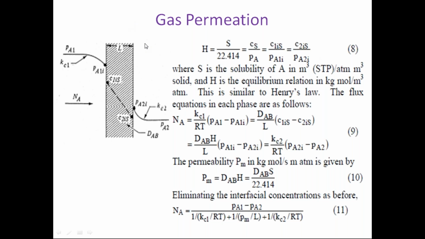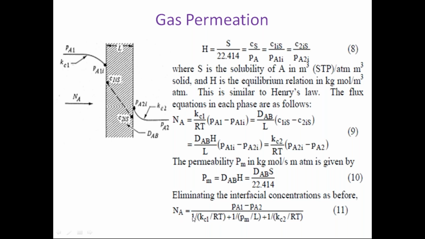Okay, so I already explained that in the feed phase you find one concentration profile, and within the membrane also you find one concentration profile, and this side is the permeate phase. You find the concentration profile in terms of the partial pressure differences, and finally this is the overall equation by which you can find out the rate.